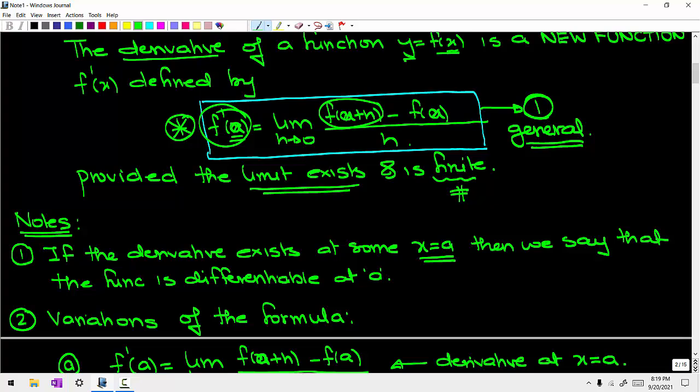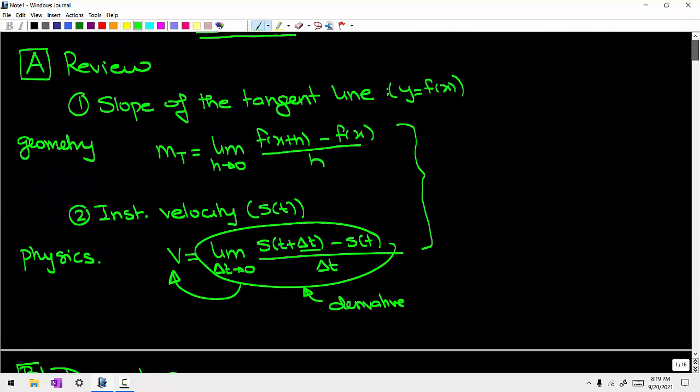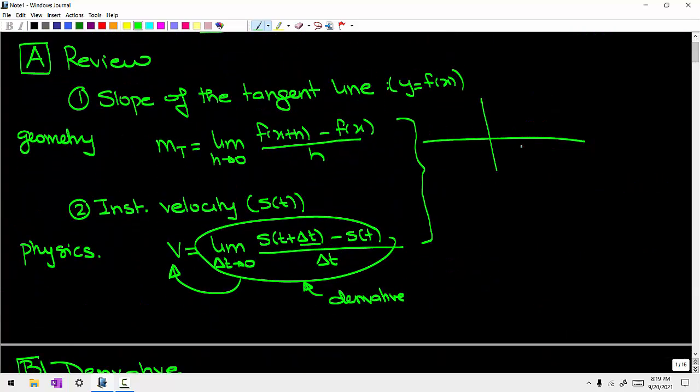Or if you recall, when we did slope of tangent lines, what did we do? We picked a point here and we drew a secant line, correct? And then we kept doing it. And eventually the secant line became the tangent line. We let h go to 0. And we did that from the right, but we can also do the same thing from the left. We can draw a secant line here and then keep going till it becomes a tangent line.